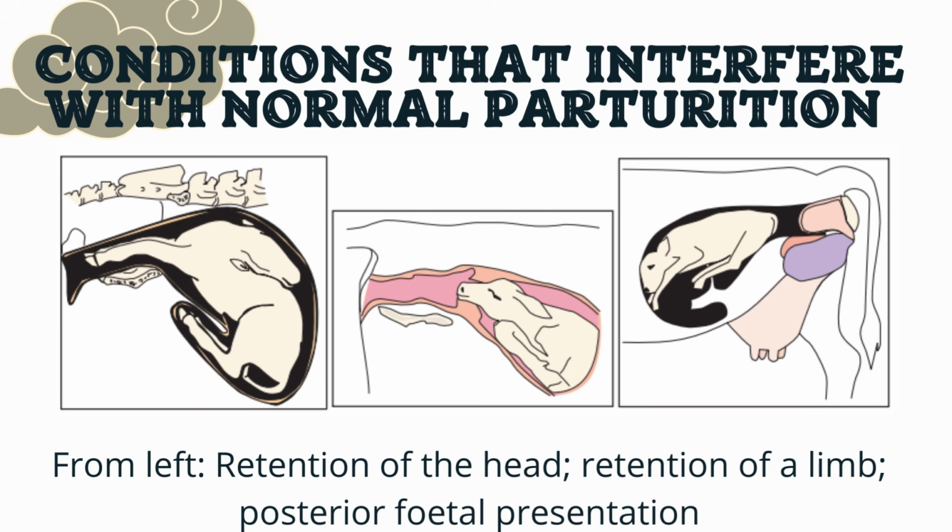This is usually the result of having to use force to remove the calf, or the calf's hoof penetrating the soft tissues of the cow, so they may tear. Another problem is paralysis.